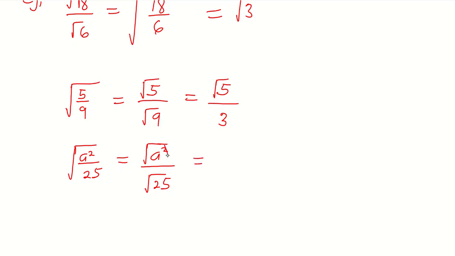Now A squared is going to cancel the square root, and we have A, and then 25 is a perfect square, and so the square root of 25 gives us 5. And our answer is A out of 5. And this ends the properties of surd.